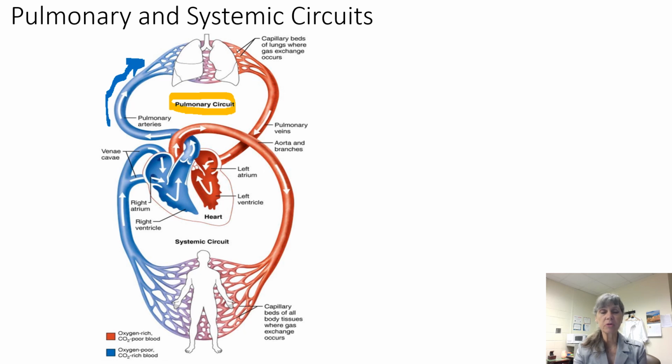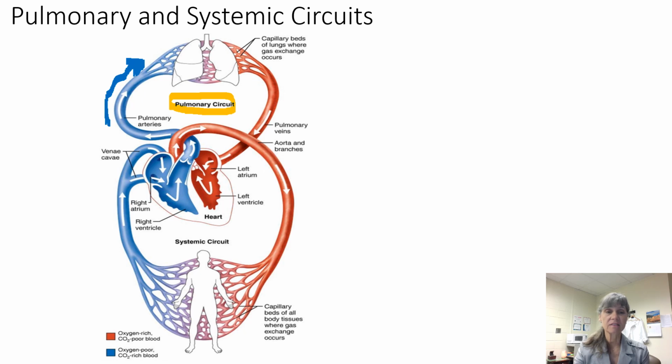And it's in blue, even though those are pulmonary arteries, they're delivering oxygen poor blood to the lungs so that carbon dioxide can diffuse out of that blood, go into the air spaces of the lungs, and then oxygen can come back in through the lungs into the bloodstream. So we're getting rid of carbon dioxide and exchanging it for oxygen.